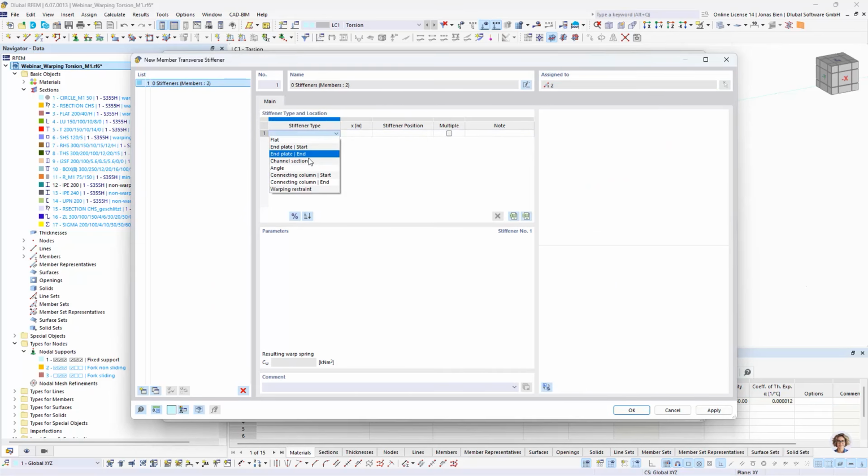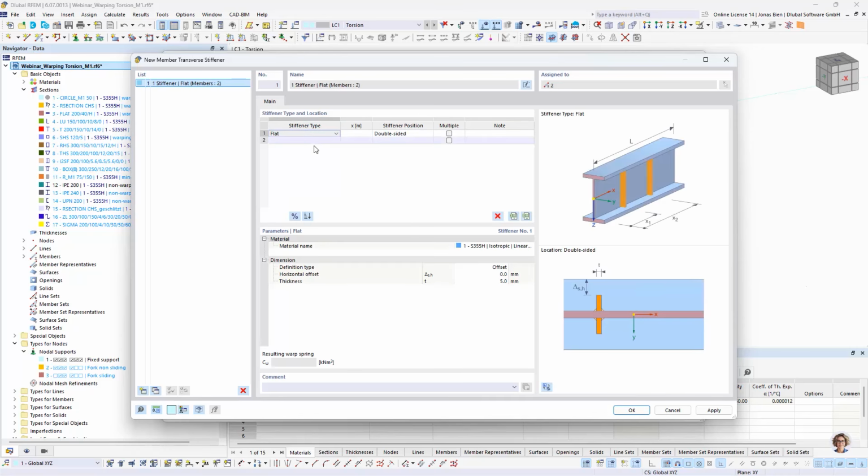And of course, we find some conventional stiffeners. That's what you basically would probably expect under this title, transverse stiffeners, some flat stiffeners, or maybe some angles or channel stiffeners. But what we also find here are warping restraints actually.